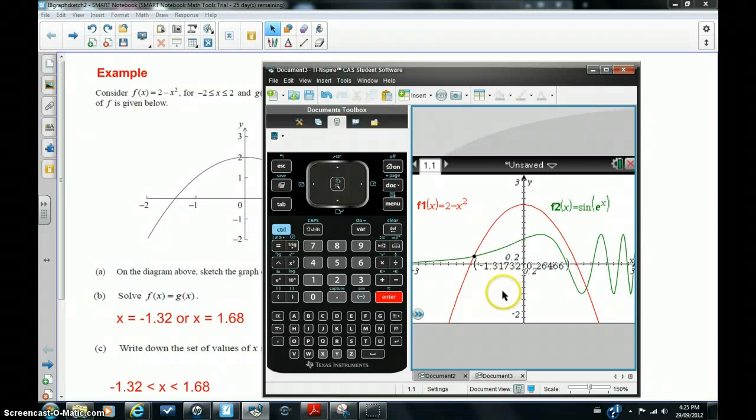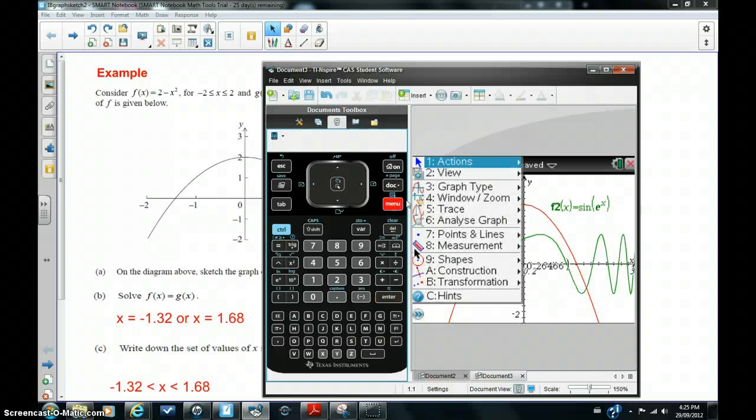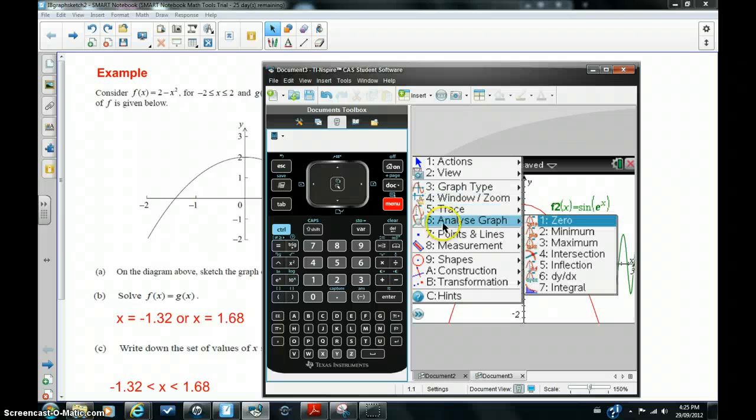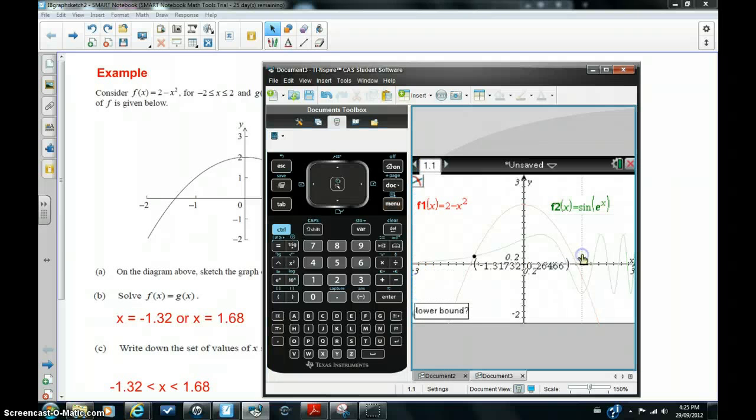So to find the other point of intersection, which is over here, I'm going to repeat the procedure. Hit menu, go to analyze graph, intersection, and you can see the dashed vertical line again. Move it to the left of the point of intersection for the lower bound. Hit enter, and drag it to the right of the point of intersection for the upper bound.